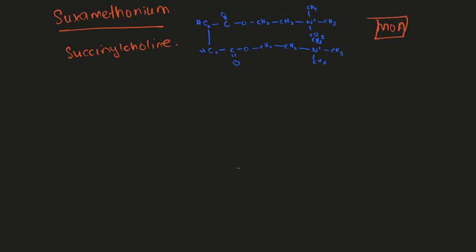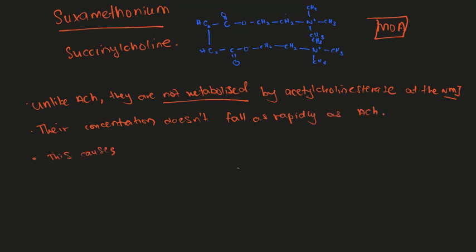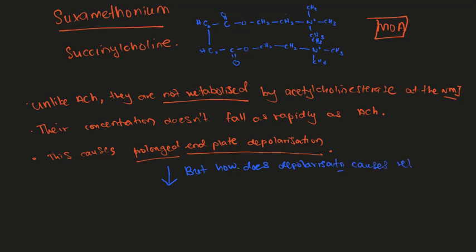Let's talk about the mechanism of action. Unlike acetylcholine, remember that suxamethonium is not metabolized by acetylcholinesterase at the neuromuscular junction. So its concentration reduces very slowly compared to acetylcholine. What this does is cause prolonged end-plate depolarization. So the question arises, how does depolarization cause muscle relaxation?